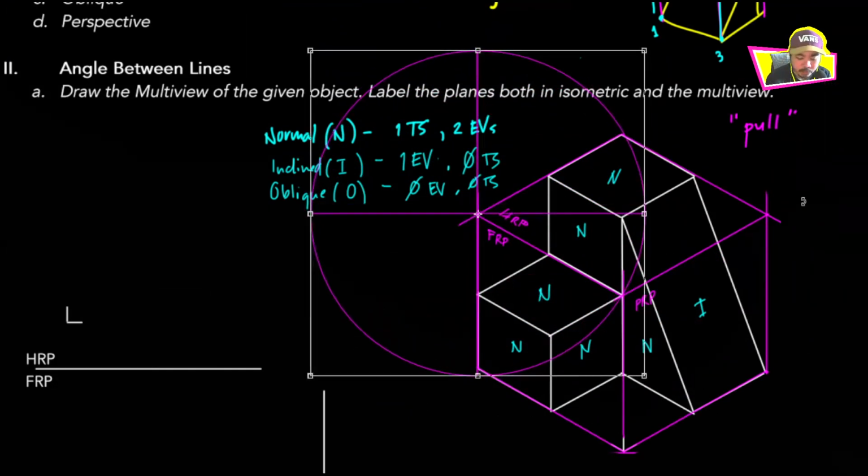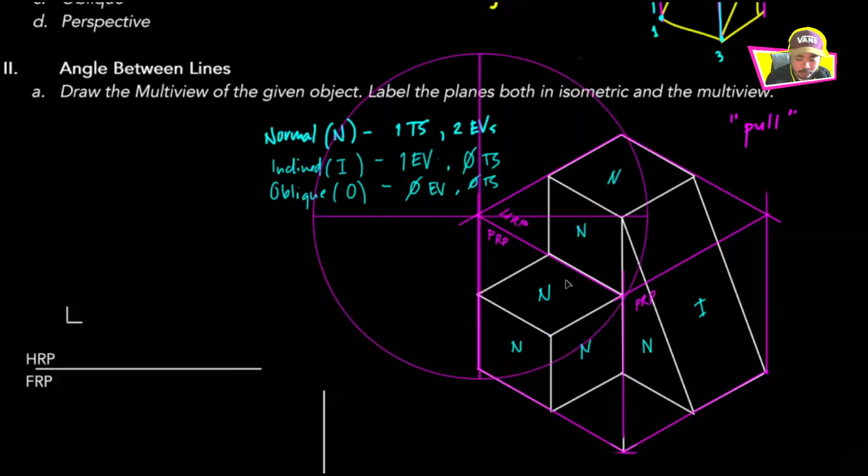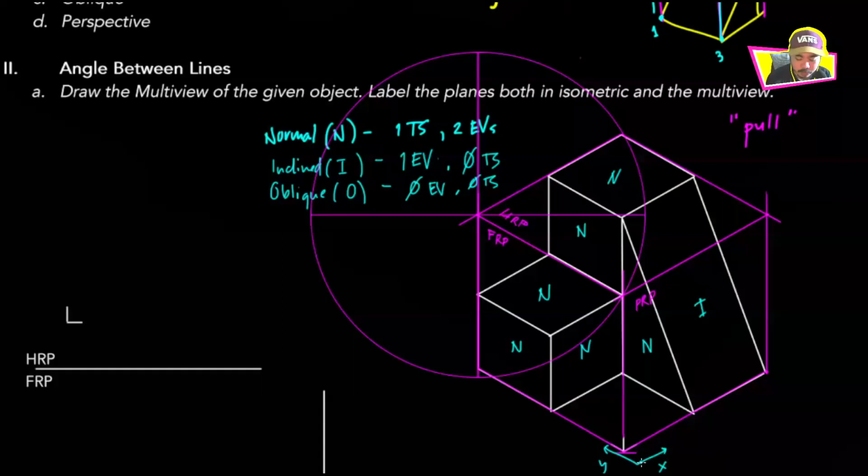So you can see the dimension here. On the top part, let me go back. I said x in this direction, then y, then z. Just so we can identify quickly. But you don't have to name it XYZ.